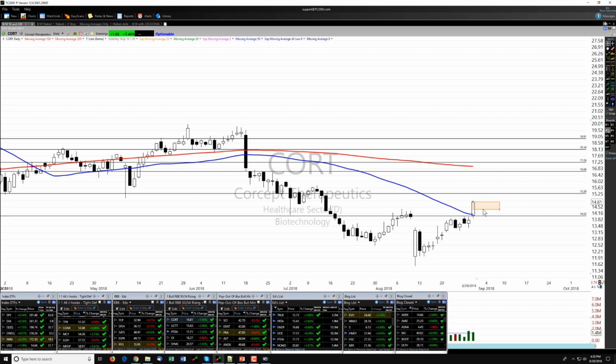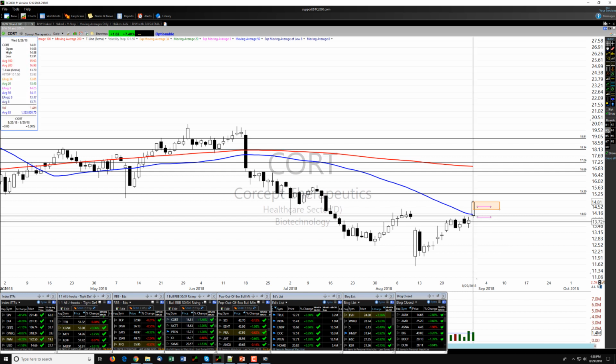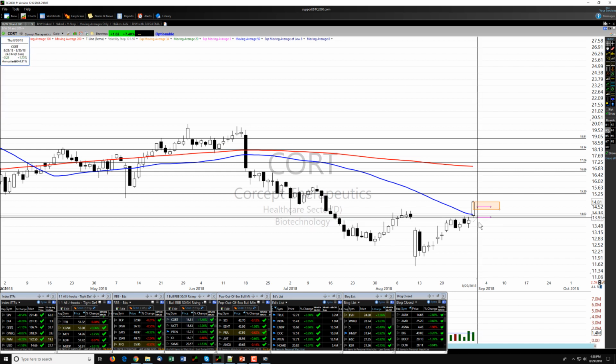But if we got an inside day for an entry, I would probably put an entry, let's just pick a spot, down in here with a stop probably right around there. Where's V-stop say? 1392. So I'm almost right on the V-stop level there.